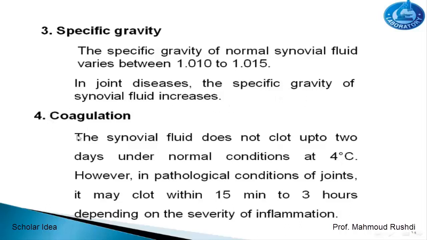Coagulation: the synovial fluid doesn't clot for up to 2 days under normal conditions at 4 degrees centigrade. However, in pathological conditions of the joint, it may clot within 15 minutes to 3 hours, depending on the severity of inflammation.